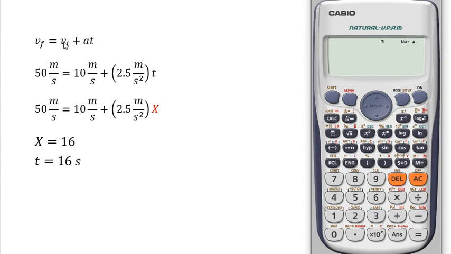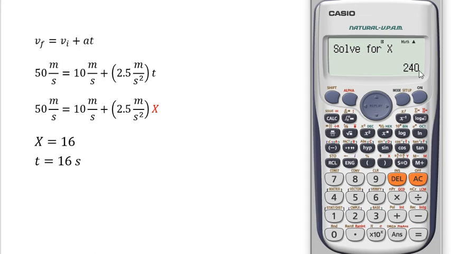Okay, here what you're looking for, using the first kinematic equation, is the x, or the time. The time is your x, which is here on this right side of the equation. So you have a 50 alpha equal, to get the equal, and then 10 plus, so 2.5, you have to multiply that to x, alpha x, close the parenthesis, shift, and then solve.